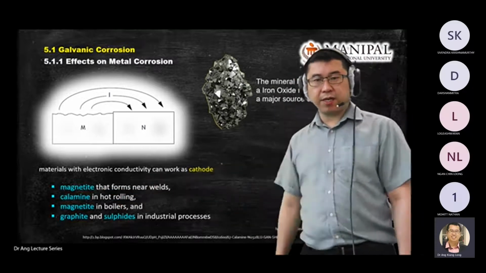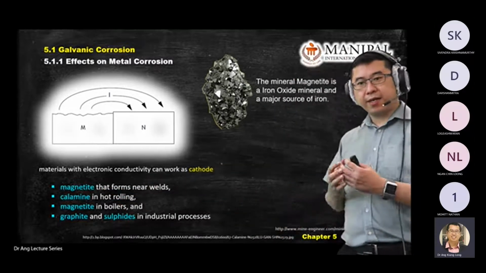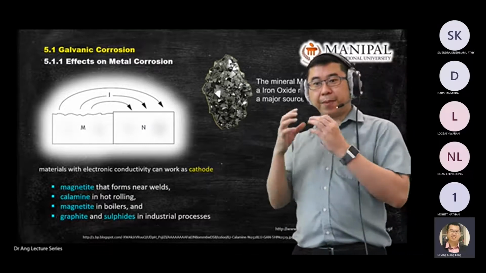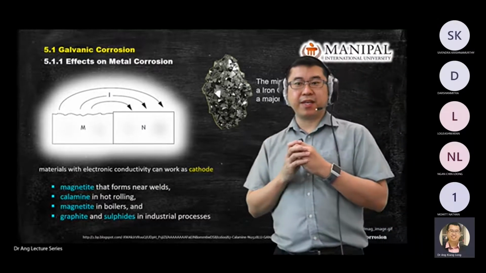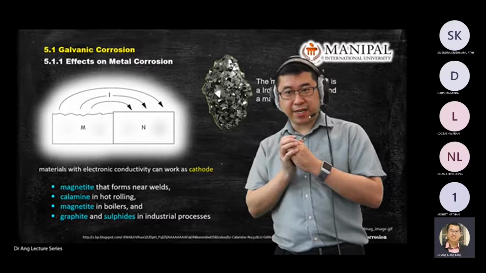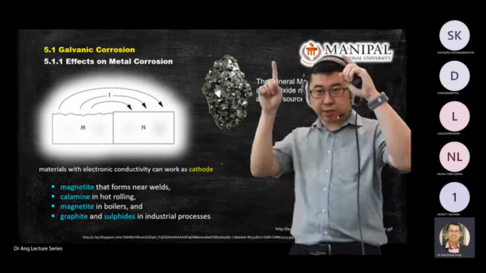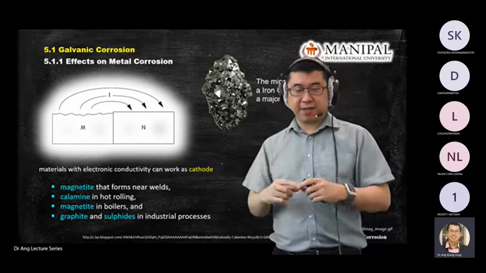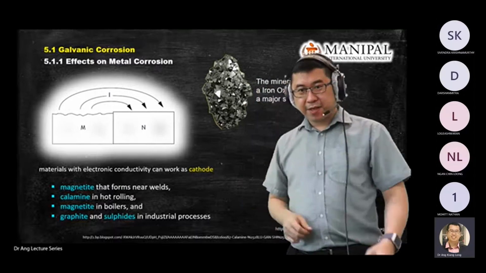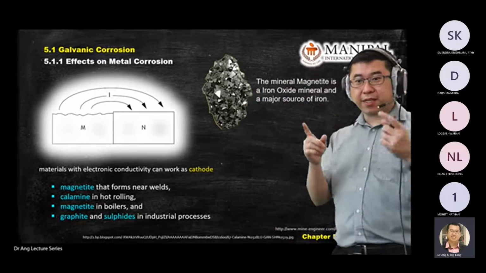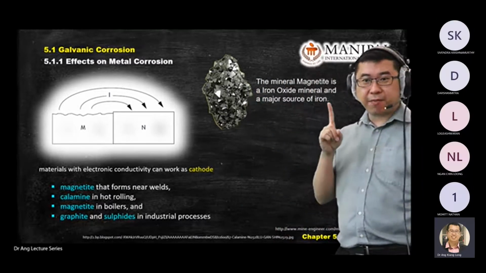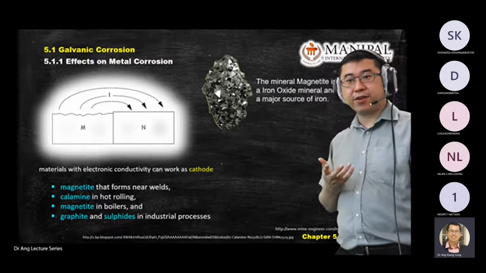The word magnetite is near to the word magnet, and a magnet has electromagnetic flux, which comes from iron.